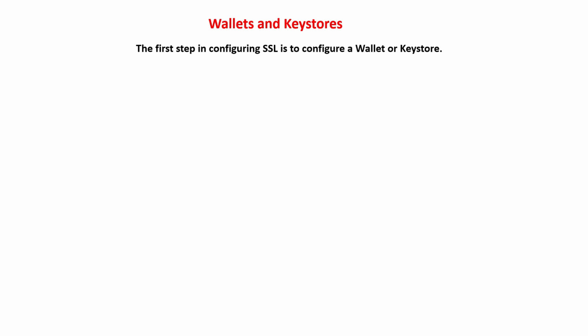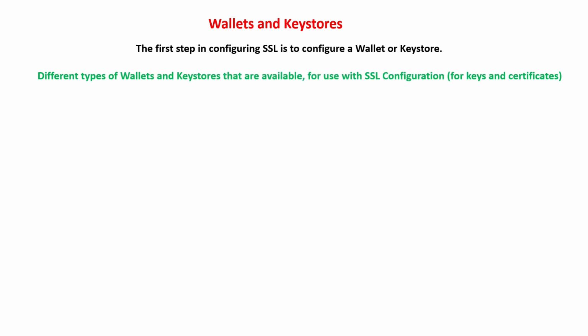So now, what is the use of wallet? Where do we use the wallet and where do we use the keystore? What is the difference? And what are the different ways to create the different types of wallets? We have three different kinds of wallets, and there are different commands to create them. Let me first clear you on the difference between wallet and keystore, and then we will see how we can create the different kinds of wallets.